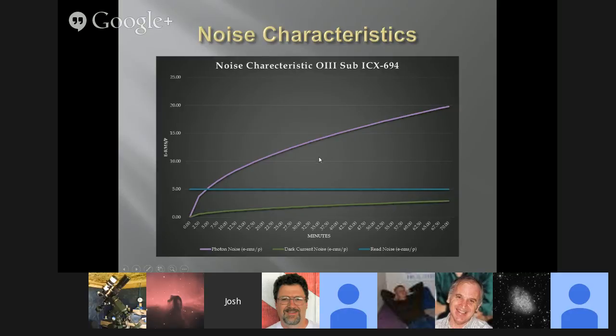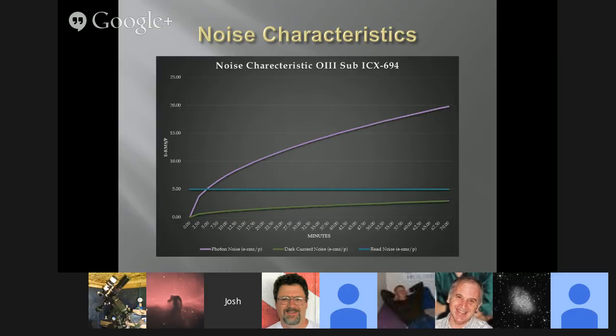So this is the ICX694, and it's an example of an O3 sub that would be taken, in this case, with a 3 nanometer O3 Astrodon filter. And this data is extrapolated straight from information that I actually took.